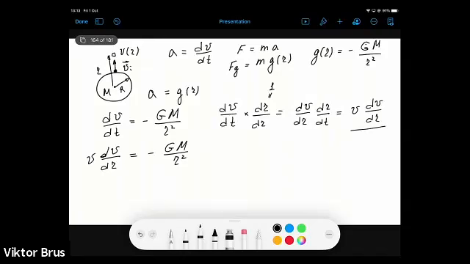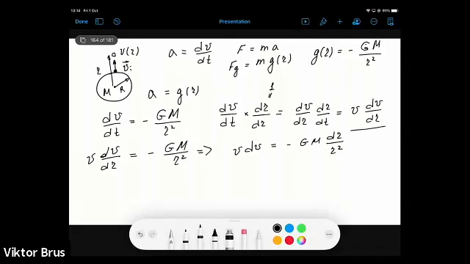So now we rearrange variables. It will be V times dV is equal to minus GM times dr divided by r squared.